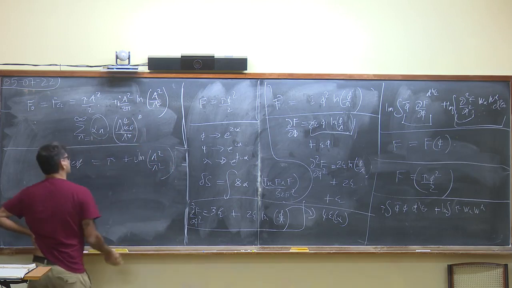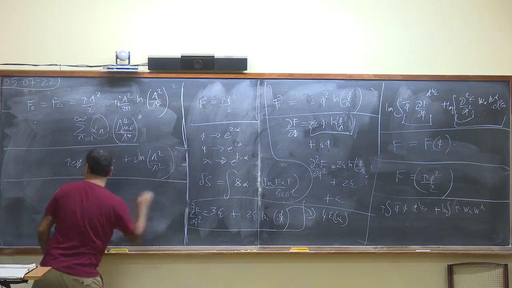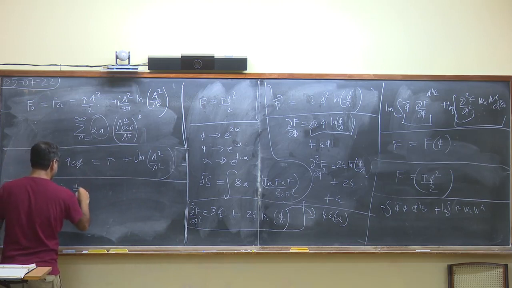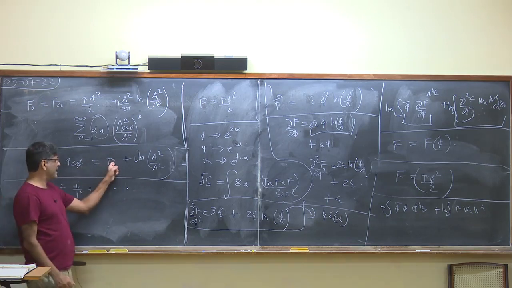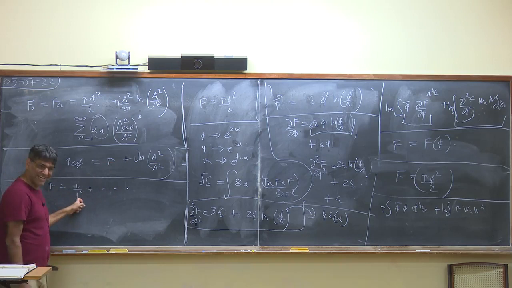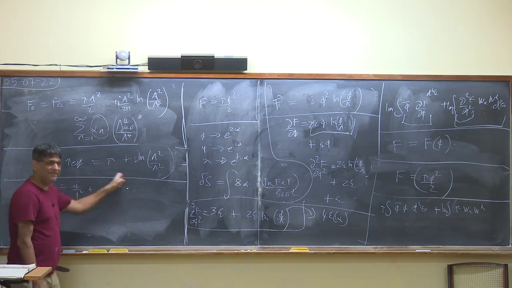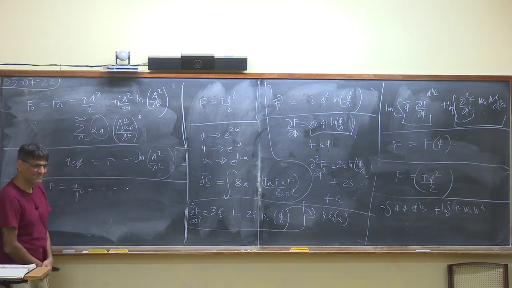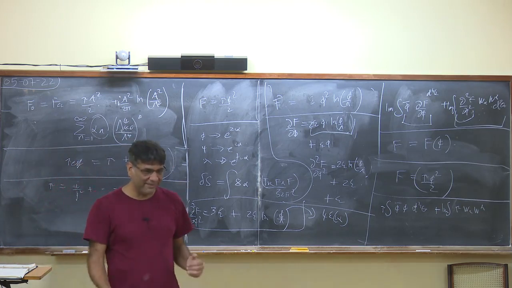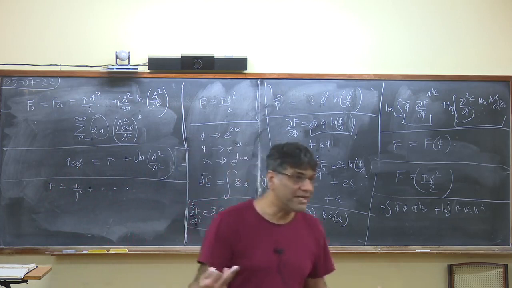Remember that tau was equal to i by g squared. So what this is telling us is that in this tau, we're replacing g by an effective g. And this effective g, as Diksha said, is what we should expect.